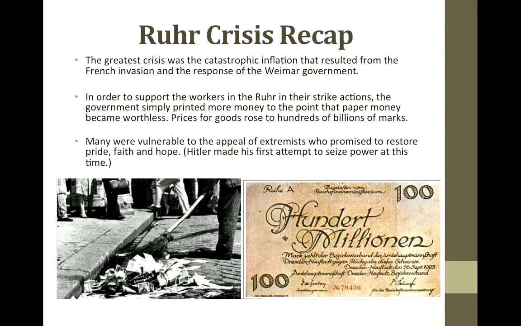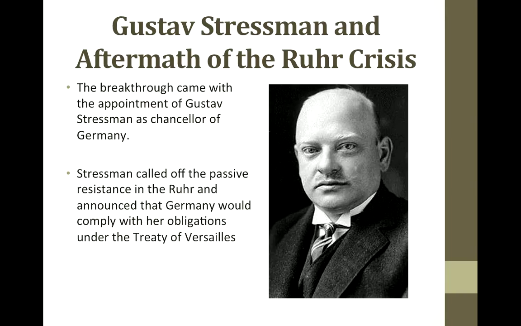All right. But that was put down in the Beer Hall Putsch, which you can recap or look up a little bit later. But right now, just see the fact that money was worthless during this time period in the Ruhr crisis, all right.